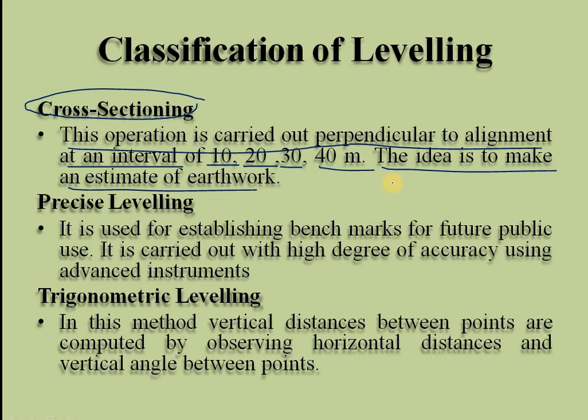It will be calculated for every interval of 10, 20, 30, 40 and 50 meters. So this is known as perpendicular to the alignment. And alignment is known as the center line or any pathway of direction for the ground levels.